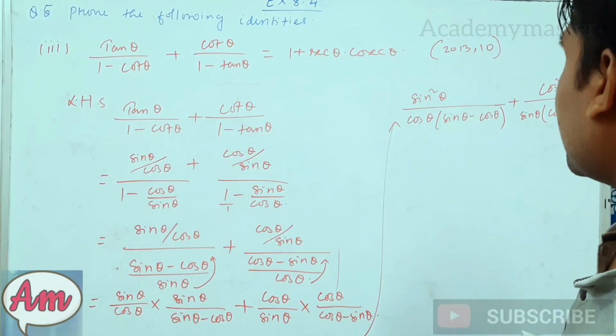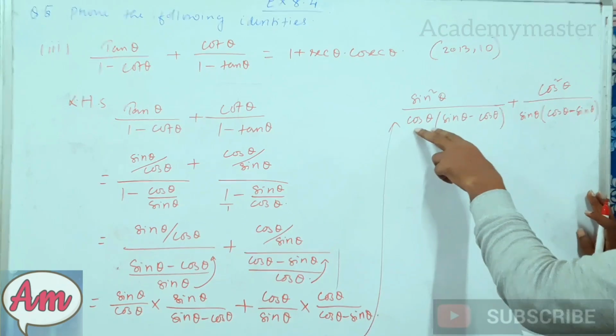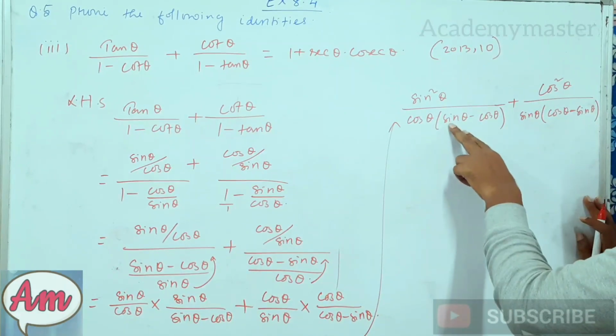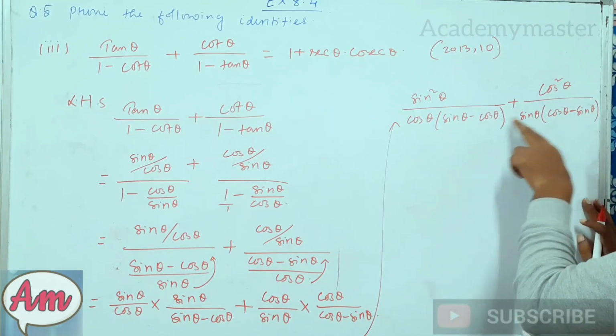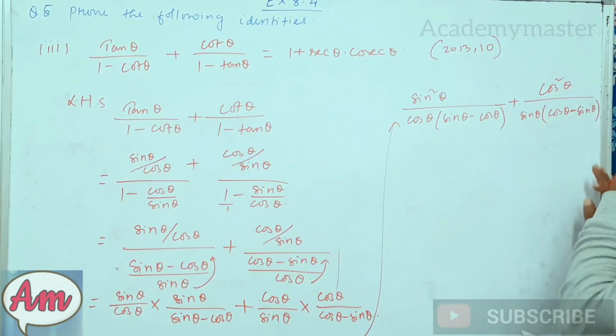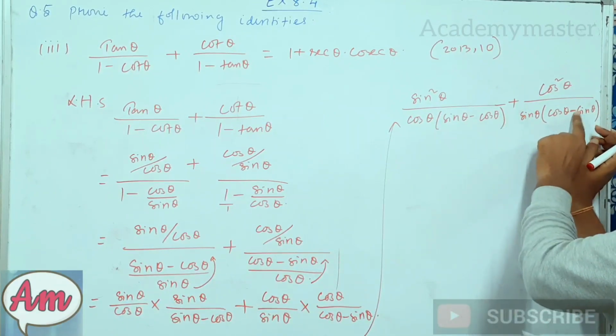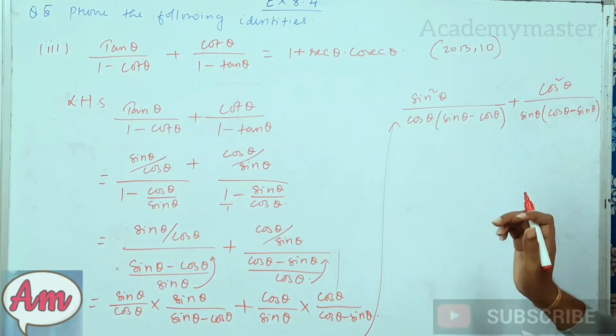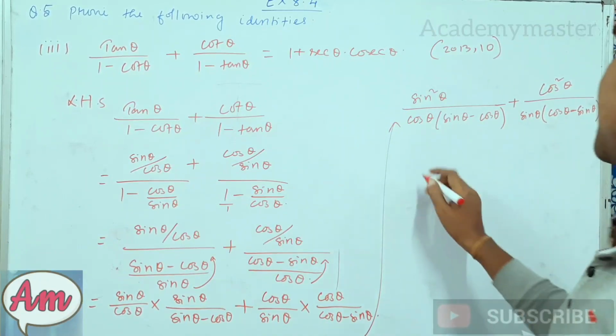Okay. Now what we will be doing, see here, cos theta is there, here sine theta. Okay. Inside the bracket you see here sine theta minus cos theta is there, here cos theta minus sine theta is there. So in order to make it equal, we will take minus sign common here. Okay, because we want to change it like this.